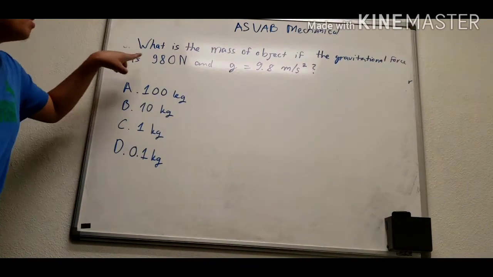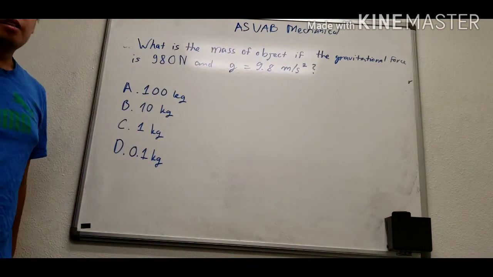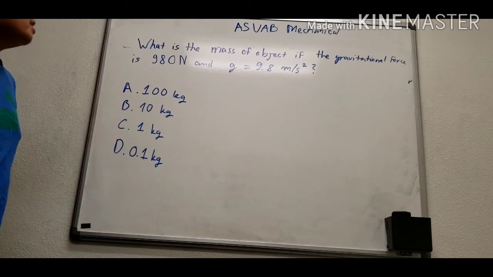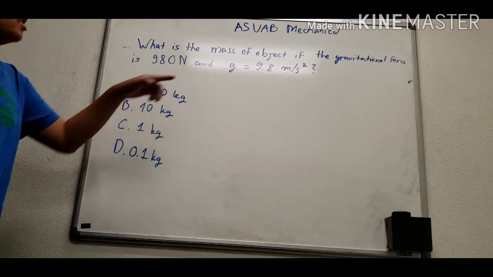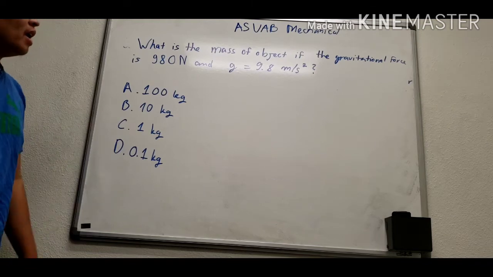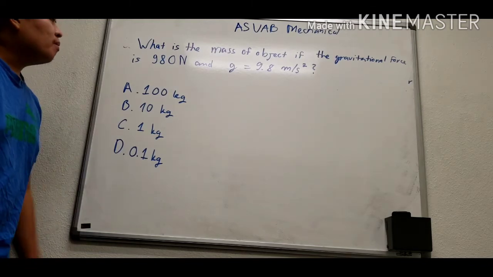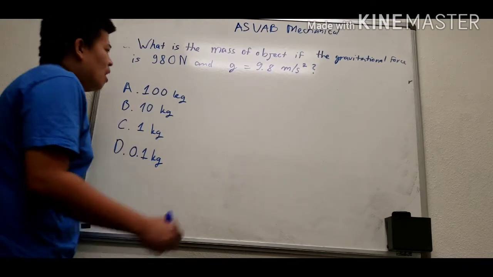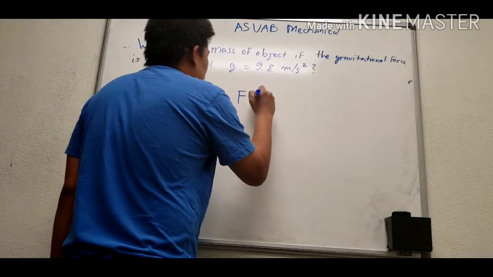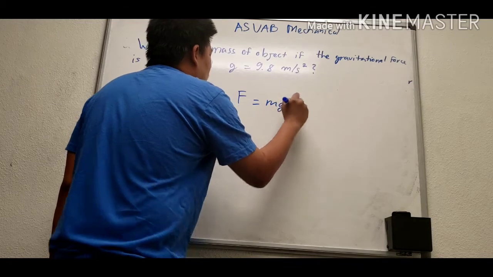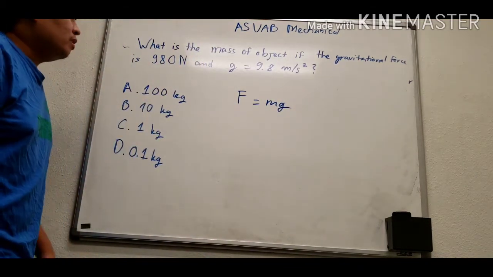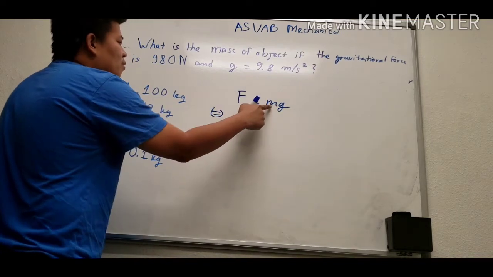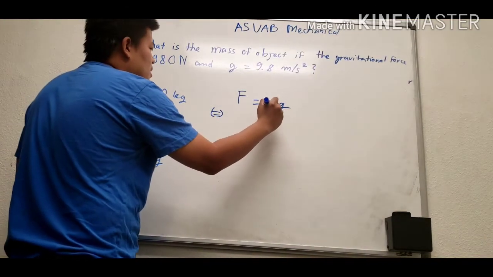I will ask, what is the mass of the object if the gravitational force is 980 Newton and g is 9.8 meters per second squared? We have the formula of the force, F equal to m multiplied by g, and here we want to find the mass.